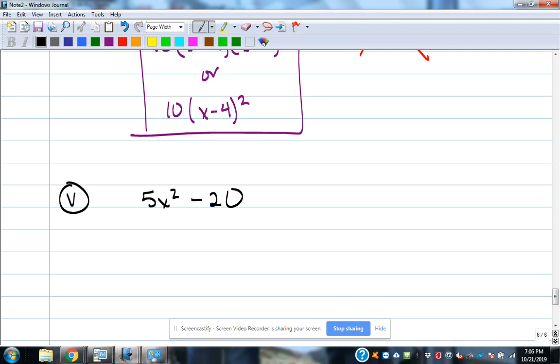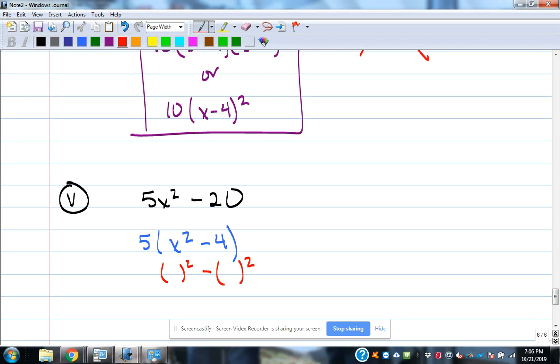GCF? 5. So we can pull a 5 out. x squared minus 4. Hey, I've seen that before. I'm thinking that's a difference of squares because it's two terms with a minus sign in the middle. The x has a squared on it.